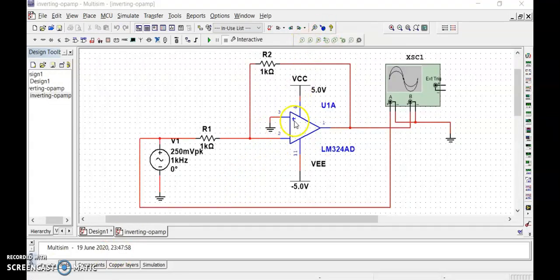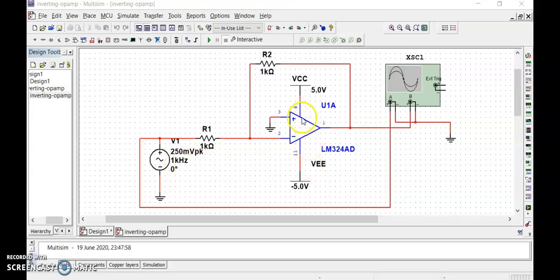This is our circuit. Now our first feedback resistance RF value is 1 kilo ohm. Our input resistance value is 1 kilo ohm. I'm setting the input as 500 millivolts peak to peak. My peak value is 250, then peak to peak value is 500 millivolts, and my frequency is 1 kilohertz.